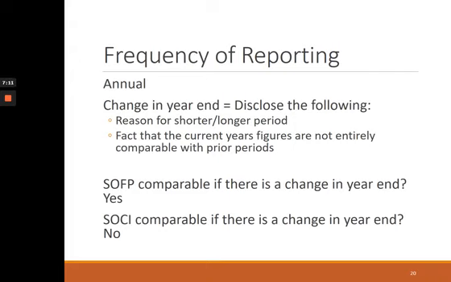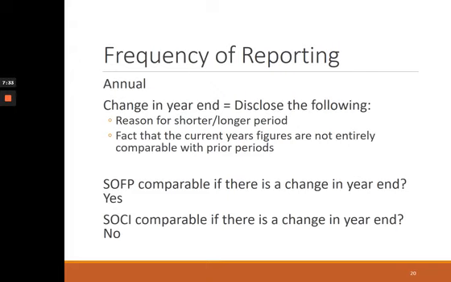However, if we look at our statement of comprehensive income, it would not be comparable if there was a change in year end, because your statement of comprehensive income is prepared for the period. So if your period is longer or shorter than the prior year, then your statement of comprehensive income would not be comparable.